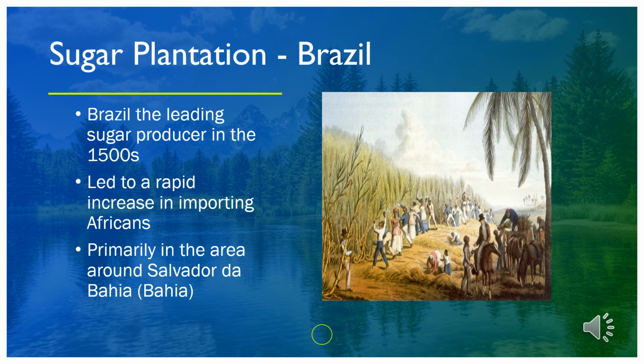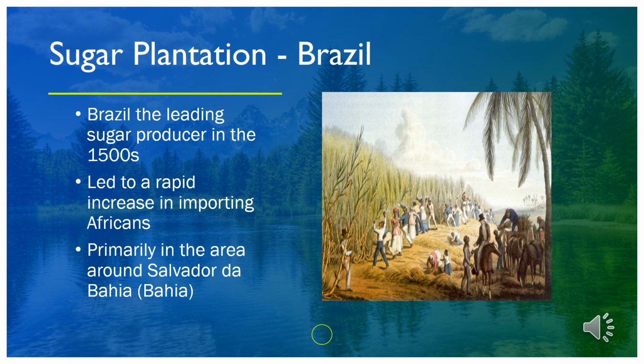It led to an increase, especially around the regions where sugar was produced. For example, Salvador da Bahia, or Bahia in Brazil, became a large sugar producing region.